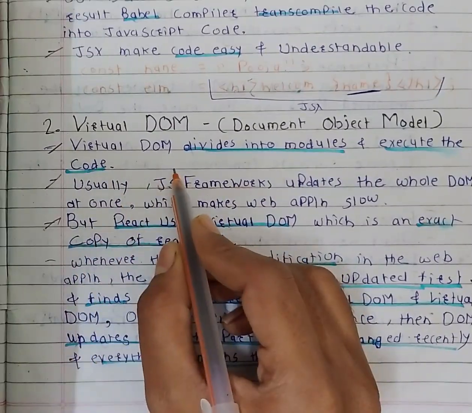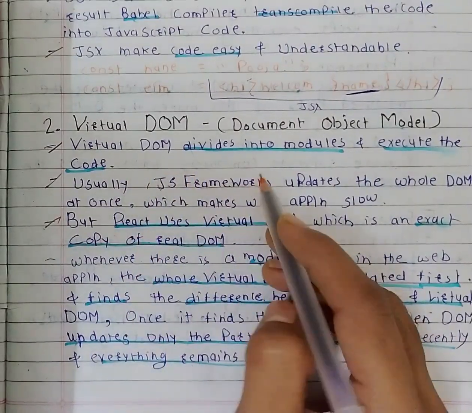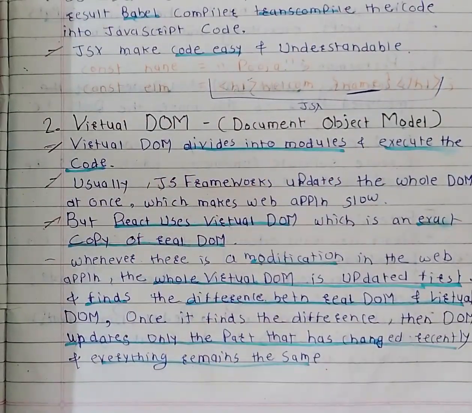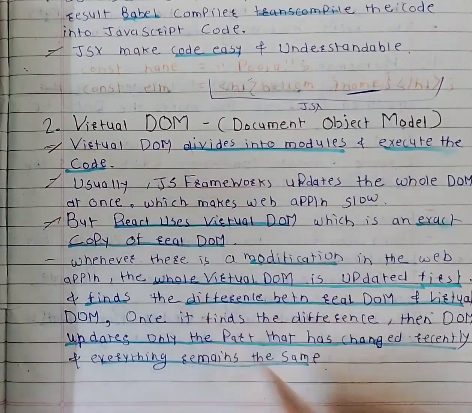Then virtual DOM. React uses virtual DOM, which makes it faster. So what does virtual DOM mean? Virtual DOM divides the code into modules and executes the code.